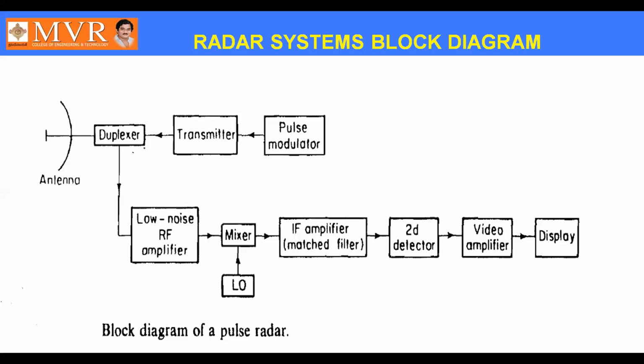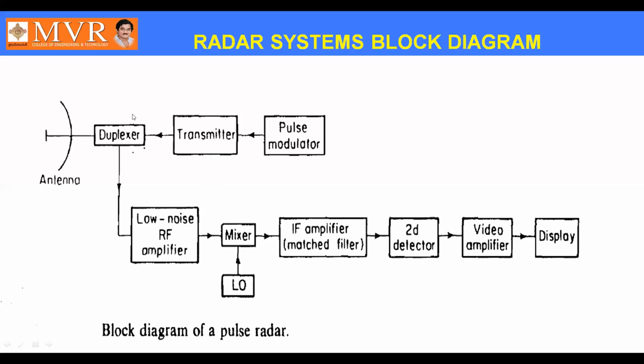If it is operating in TR mode, it will be operated as a transmitter, and if it is activated in ATR mode, it will be used as a receiver. So in TR mode it acts as a transmitter and in ATR mode it acts as a receiver. This is how the duplexer separates the transmitter from the receiver.